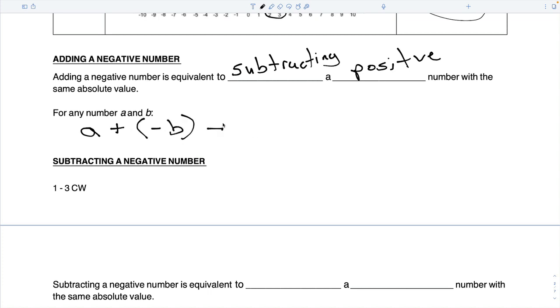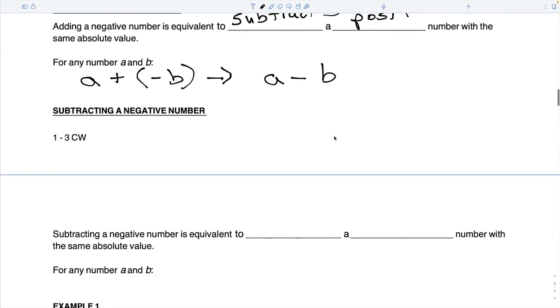That is the same thing as subtracting a positive. A plus negative b is the same thing as a minus b. You can rewrite it as a minus b. You do not have to have the parentheses.